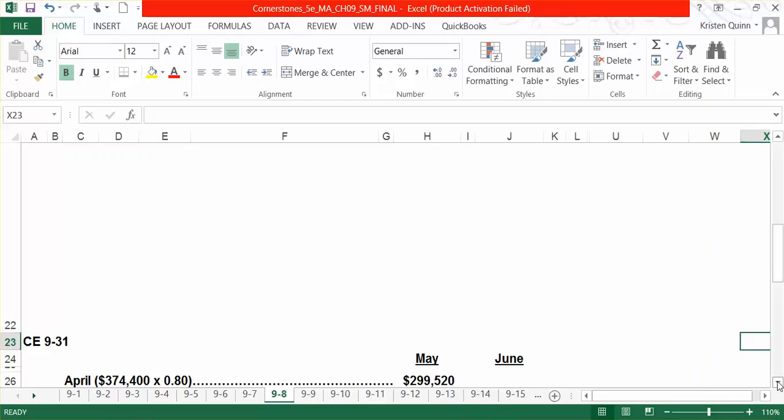In the month of May, we have accounts payable for our purchases of direct materials of $411,200. According to our policy, we would pay 20% of that amount in the month of May and the remaining 80% in the month of June.